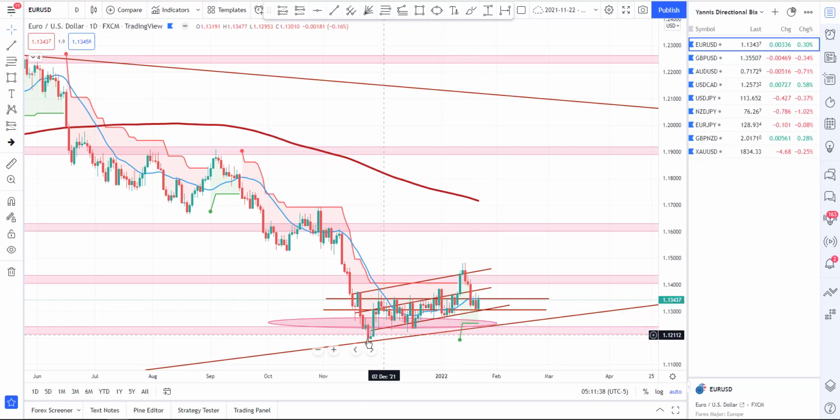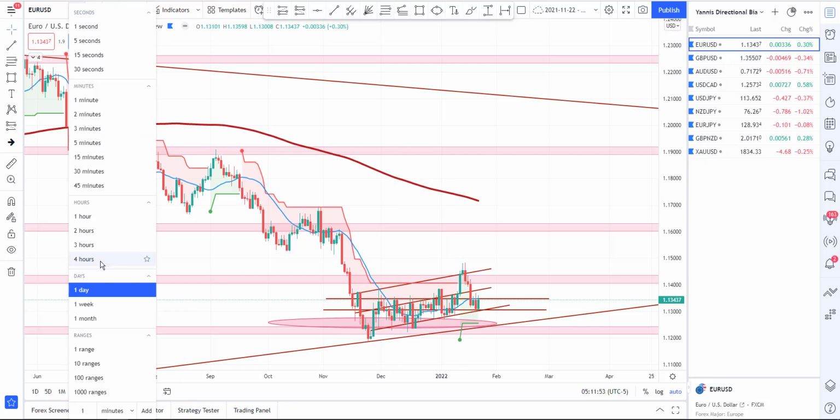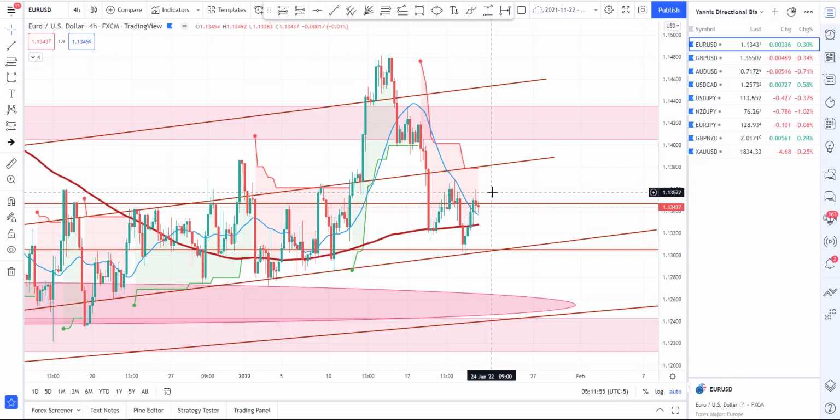But as you can see, we are looking at a bullish market structure, slightly higher highs and slightly higher lows. So that's why my bias, if I had to trade the euro dollar in the upcoming week, would be long, but extremely careful, okay? Dropping to the 4-hour time frame, which you know is our trading time frame, I would like to see the pair rebounding on the moving averages and then pushing up to my target.